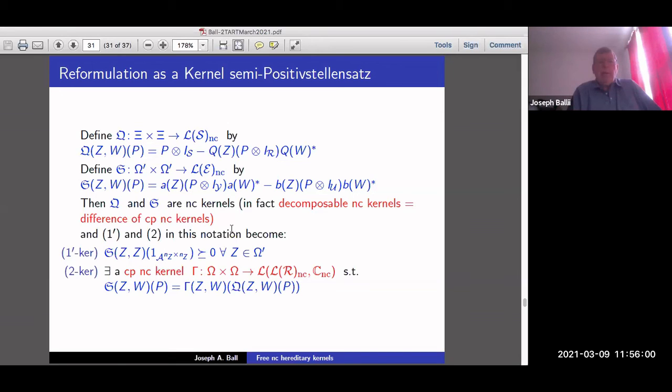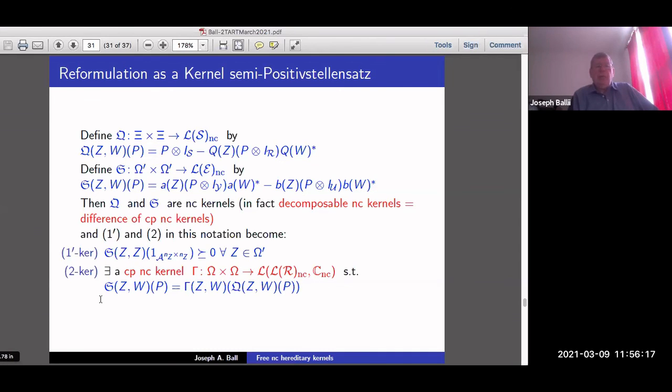And 1 prime and 2 in this notation becomes, we're assuming this guy is positive semi-definite, evaluated on the identity here, and the same point, Z, Z here.